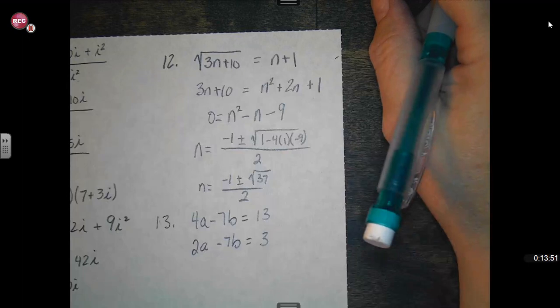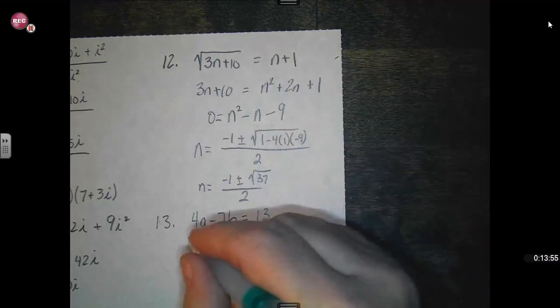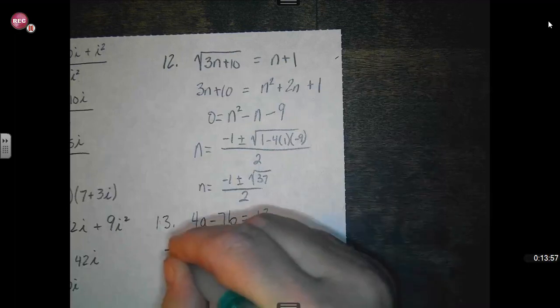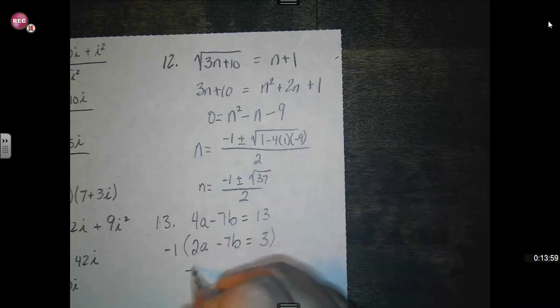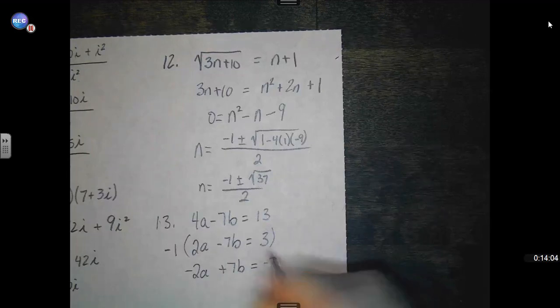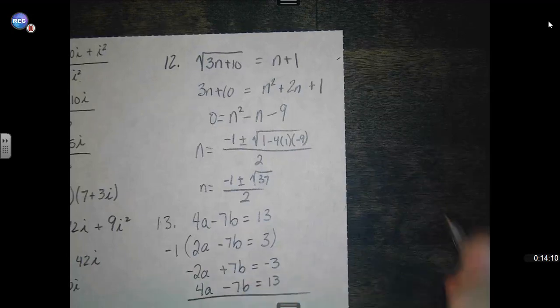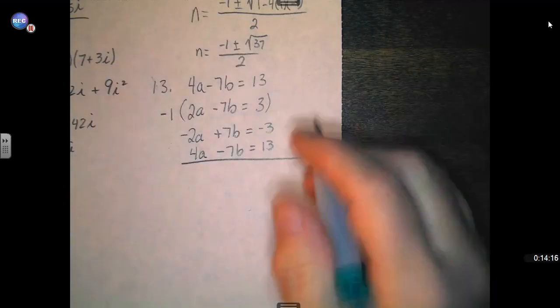And so, yeah, I would just multiply this bottom one through by a negative 1. That's going to give me minus 2a plus 7b equals negative 3. I'm going to add that to that top equation. This is set up for the addition method. So that is what I'm going to do.